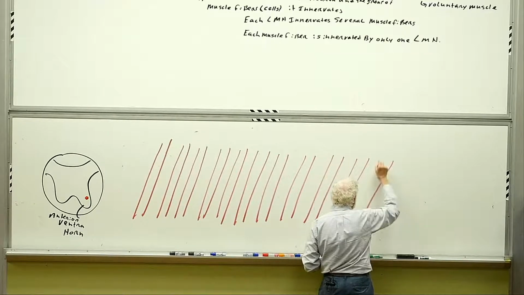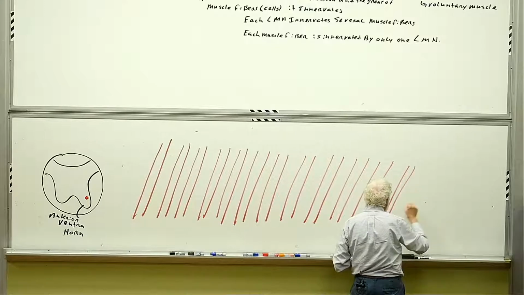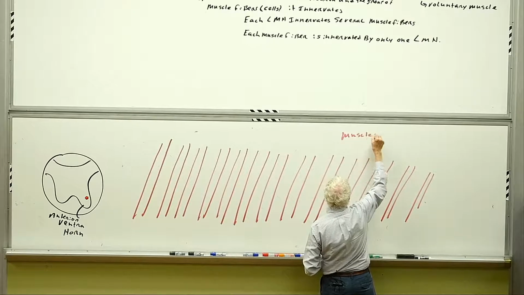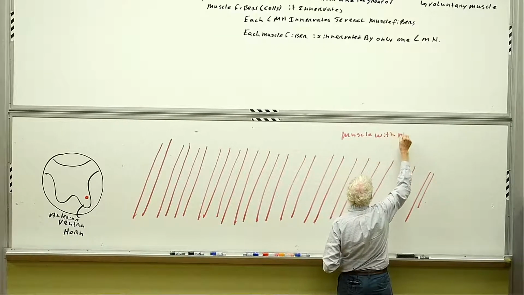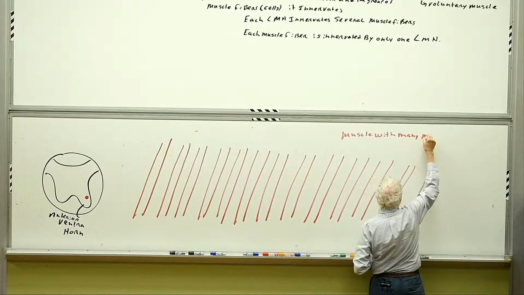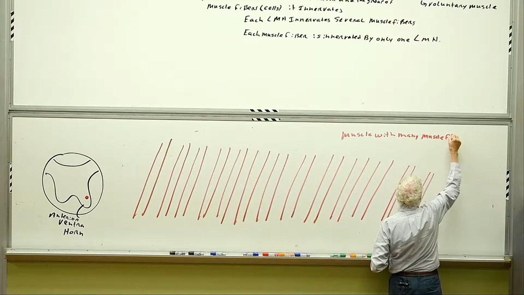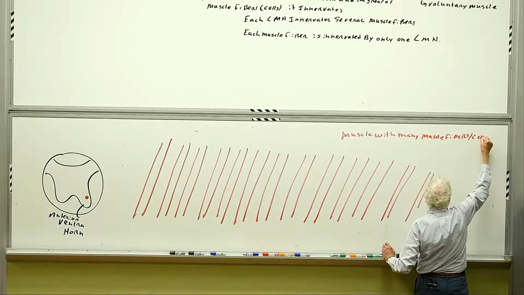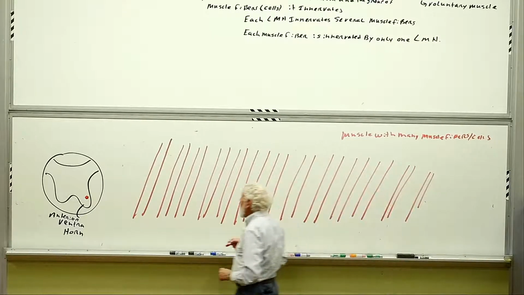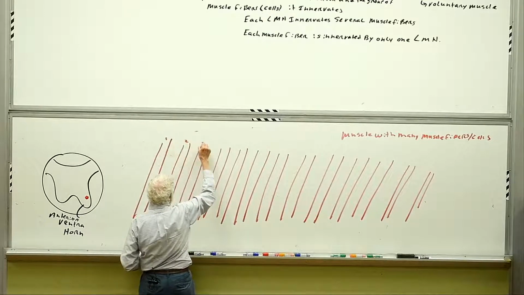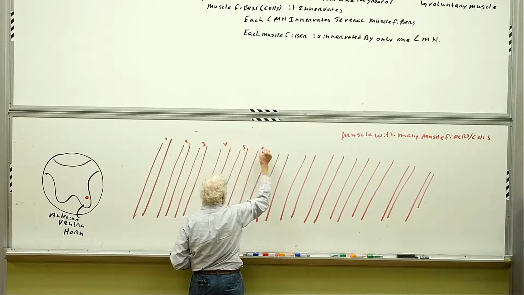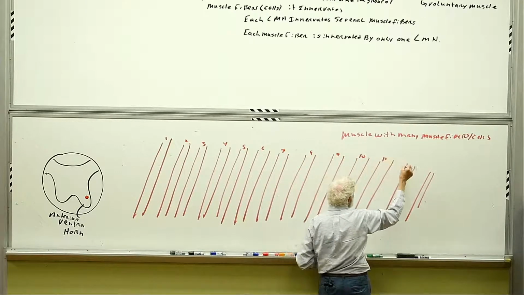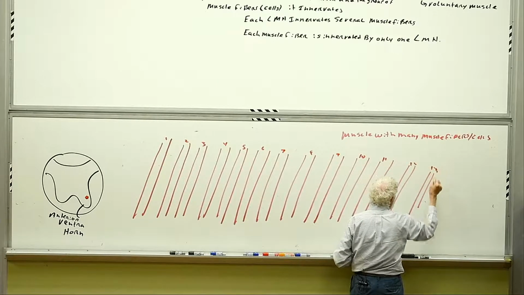So we can imagine that this is a muscle with many muscle fibers or cells. Let's number these. 1, 2, 3, 4, 5, 6, 7, 8, 9, 10, 11, 12, 13. Oh, let's put another one in here, 14.